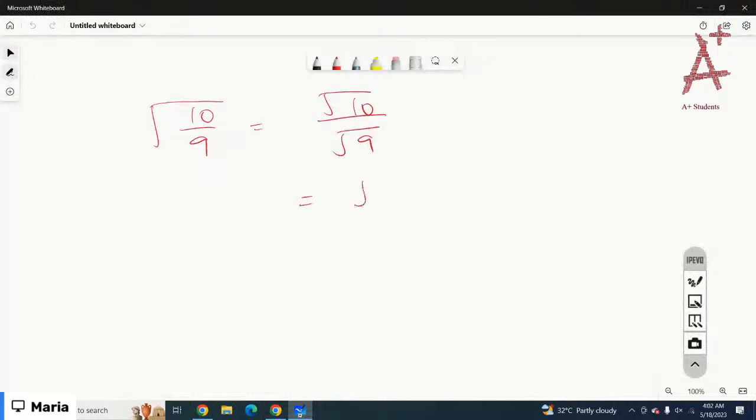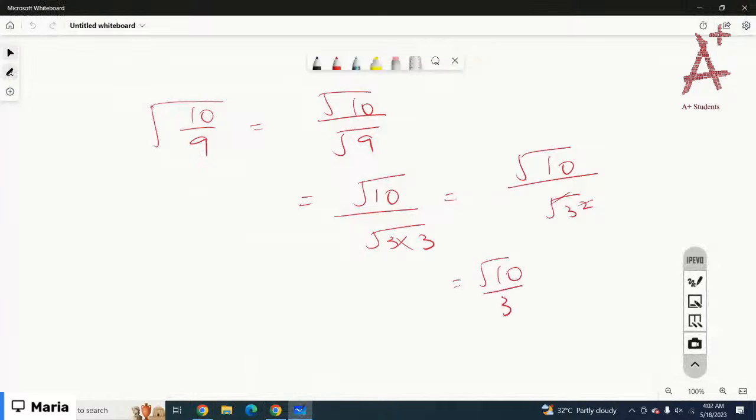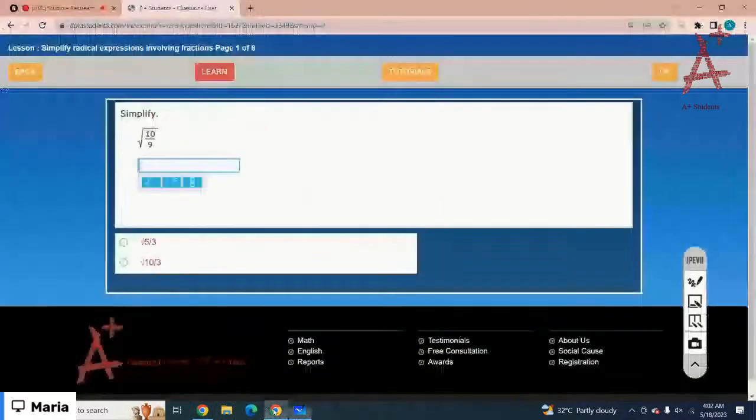You cannot factor out square root 10, but you can factor out square root 9 as 3 times 3. So it would be 3 squared, the 2 and square root cancel out, and you're left with square root 10 divided by 3. The correct option is square root 10 divided by 3, the second option.